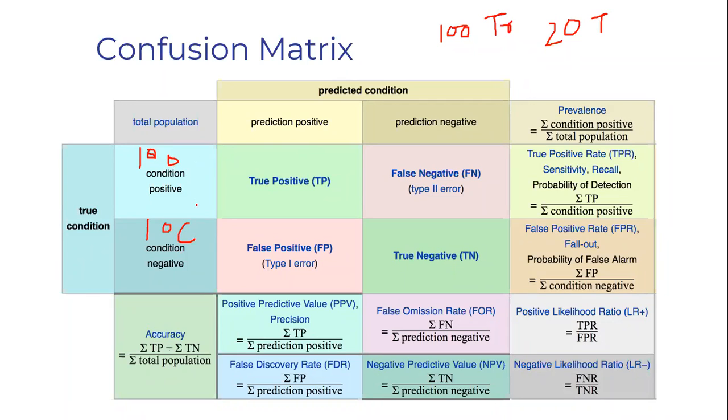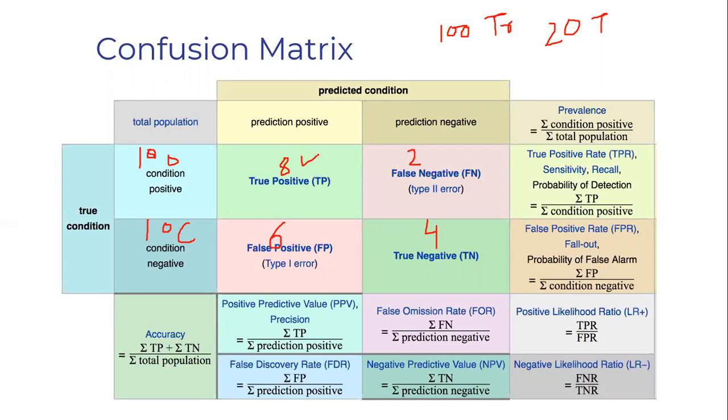This is actually the condition, but my model says there are 8 dogs and 2 false positives, and here it says maybe 6, and 4, right? So this is the distribution of my model. Now I want to figure out the accuracy of my model. Accuracy is the correct predictions.